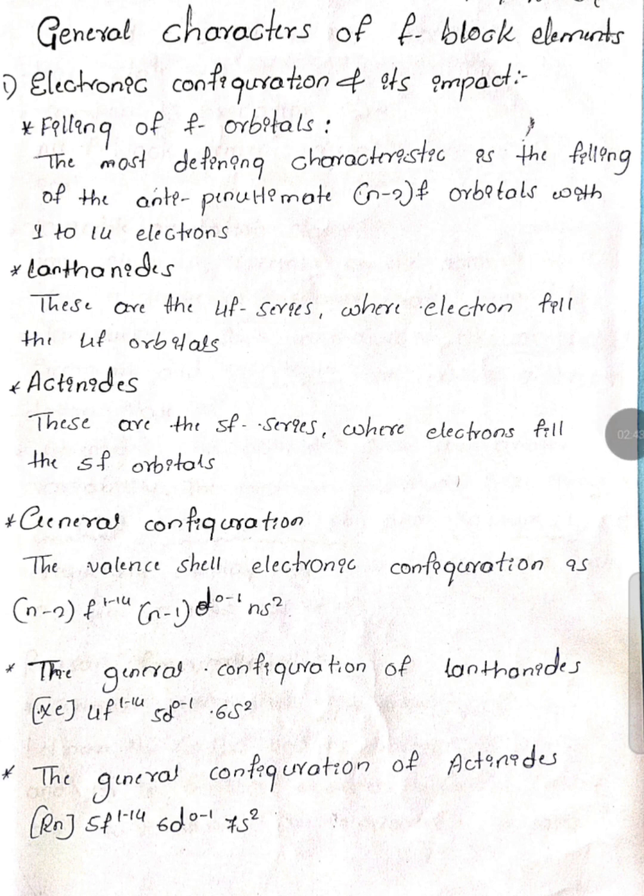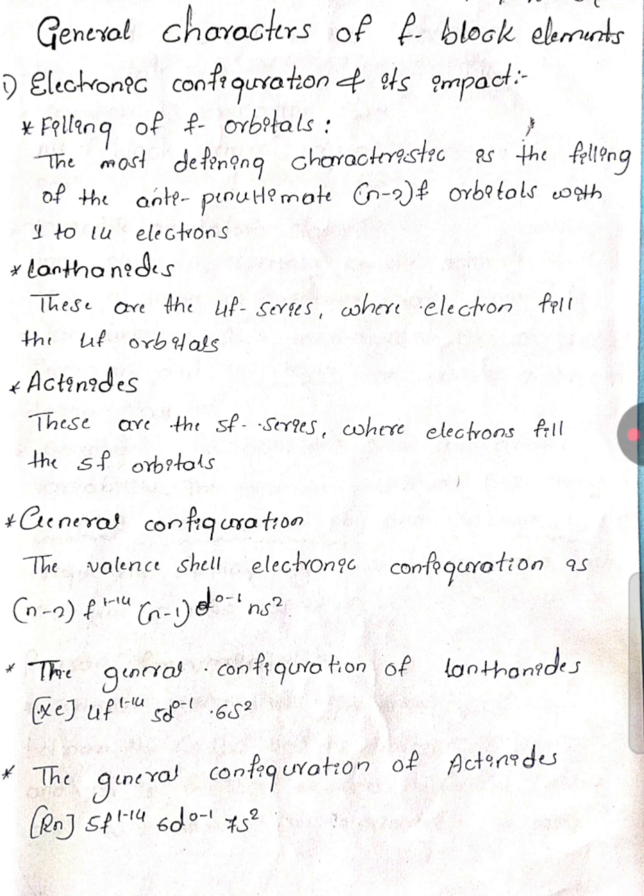Next, we have to study about general characters of F block elements with reference to the electronic configuration and its impact. Filling of F block orbital: the most defining characteristic is the filling of the antepenultimate (n-2) f orbitals with 1 to 14 electrons. In lanthanides, these are the 4f series where electrons fill the 4f orbitals.